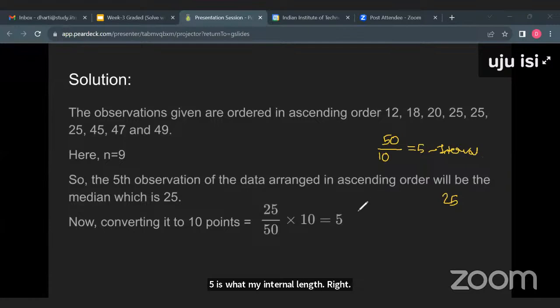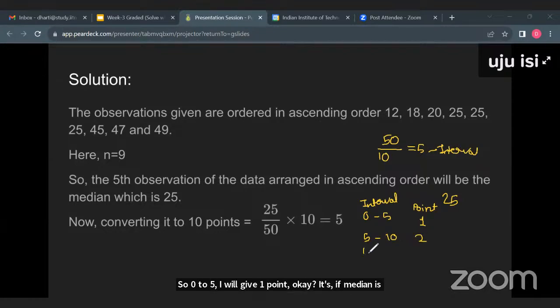So what my bins are, from 0 to 5, this is my points, this is my intervals. So 0 to 5, I will give 1 point. If median is 5 to 10, I will give it as 2 points. If it is 11 to 15, I will give it as 3 points.